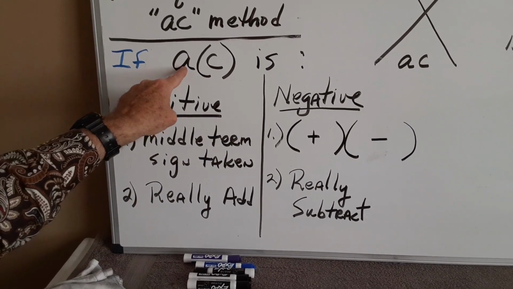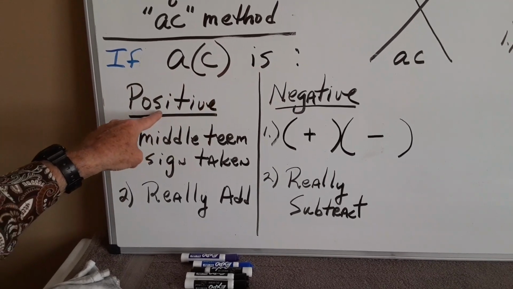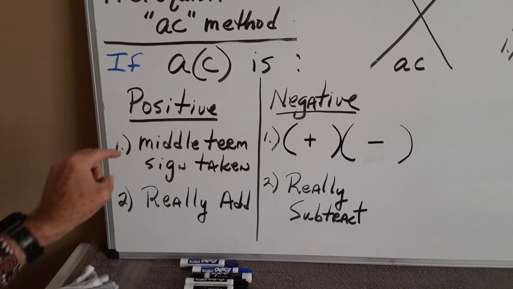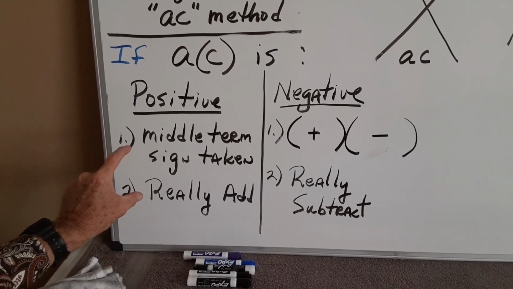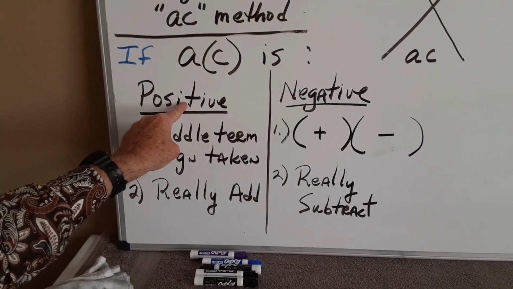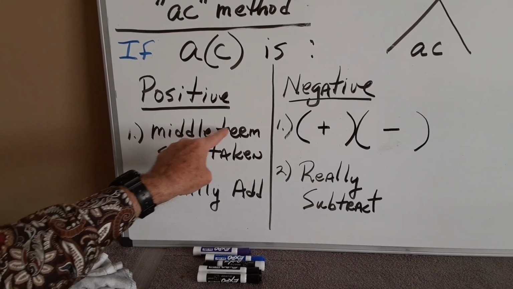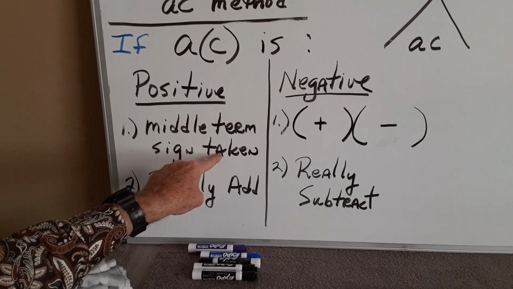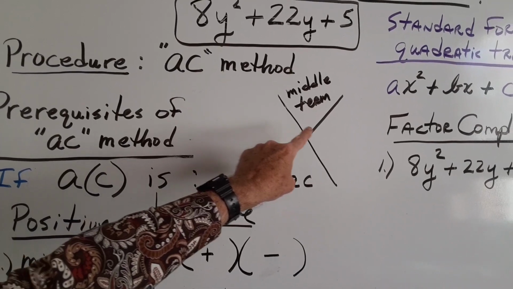If A multiplied by C is positive, if AC is positive, I want you to memorize these two key characteristics. If AC is positive, whatever the sign of the middle term is, it's going to be taken for both 9 o'clock and 3 o'clock.